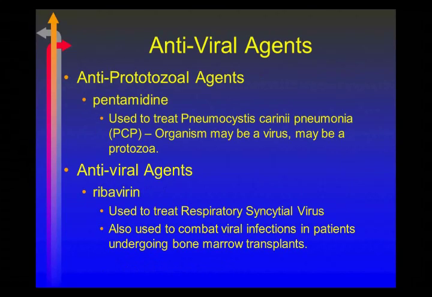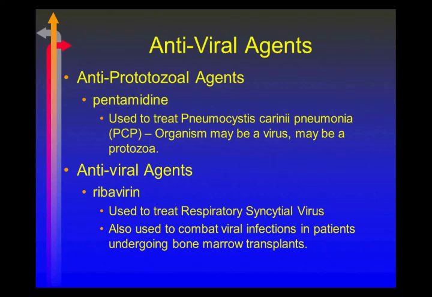The two that we're going to talk about are an antiviral agent called Ribavirin and an antiprotozoal agent called Pentamidine. Although, Pneumocystis carinii, that organism, we're not sure what it is. We used to think it was a protozoa. Now some feel it's a unique form of a virus.